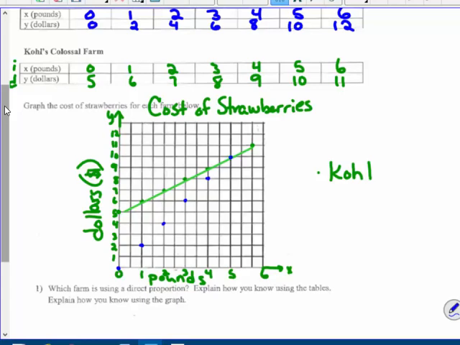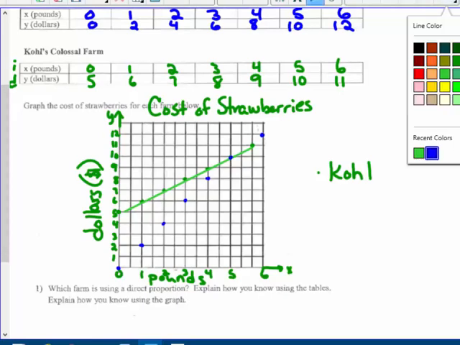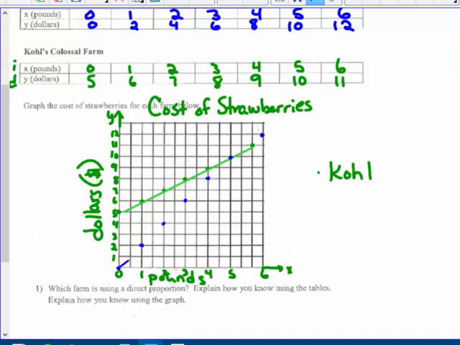Oh, they both have 5, 10. And 6, 12. So Mr. Rivers in the blue there, again using a straight edge, I'm going to connect his points.